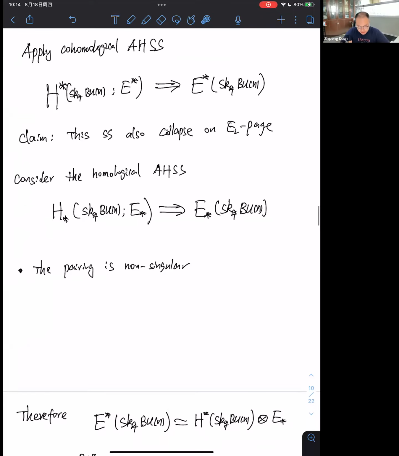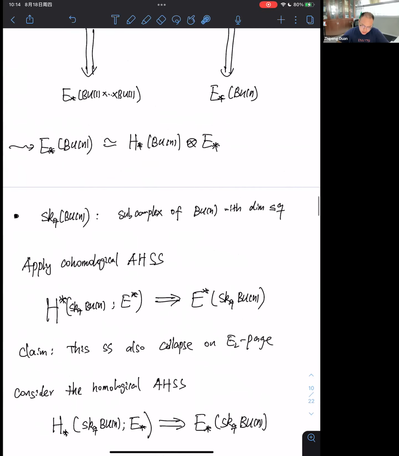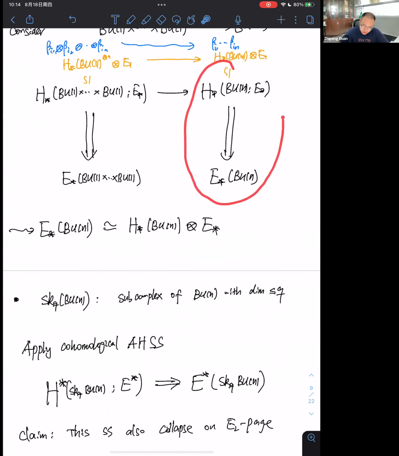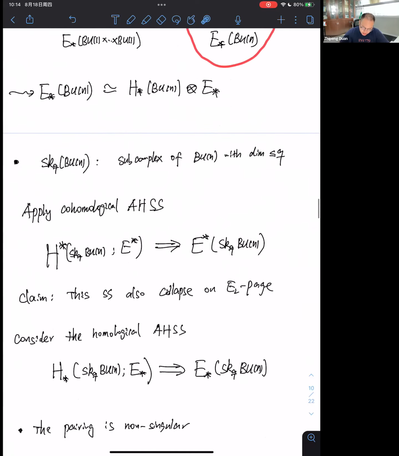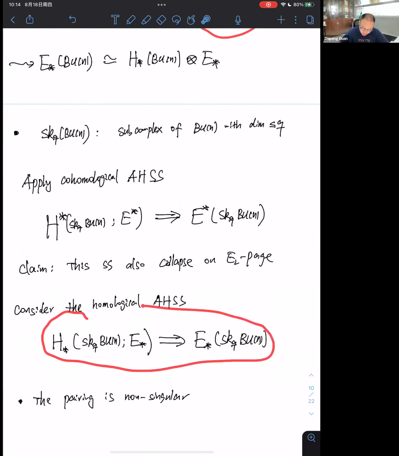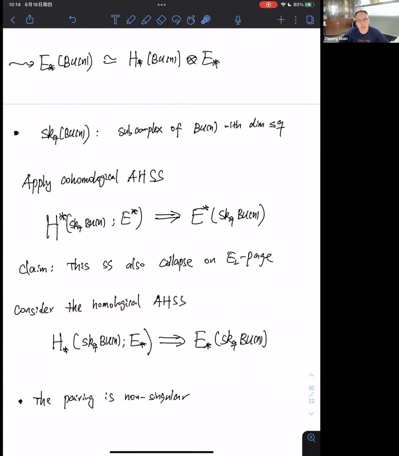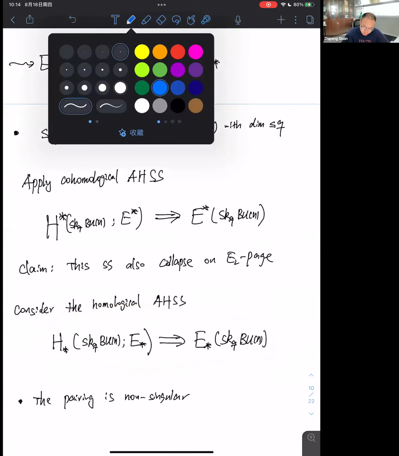So why is that? Now we need to use our pairing. We also consider the homological Atiyah-Hirzebruch spectral sequence on this finite subcomplex. And you know the homological version is a sub-spectral sequence of what we just calculated here. So it implies this homological version also collapses at the E2 page.